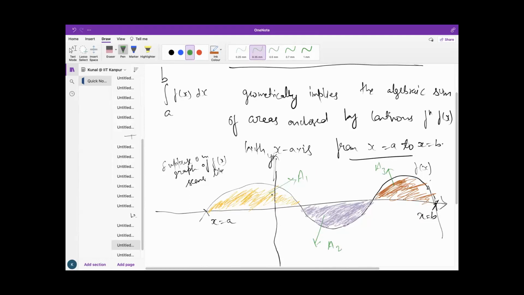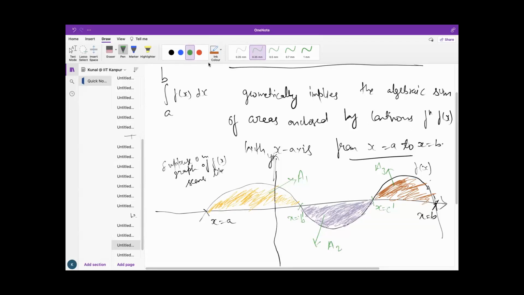If you look carefully at the graph of f(x), from x equal to a to some x, named b dash, our graph lies above the x-axis. From b dash to c dash, it lies below the x-axis, and from c dash to b it lies above the x-axis.